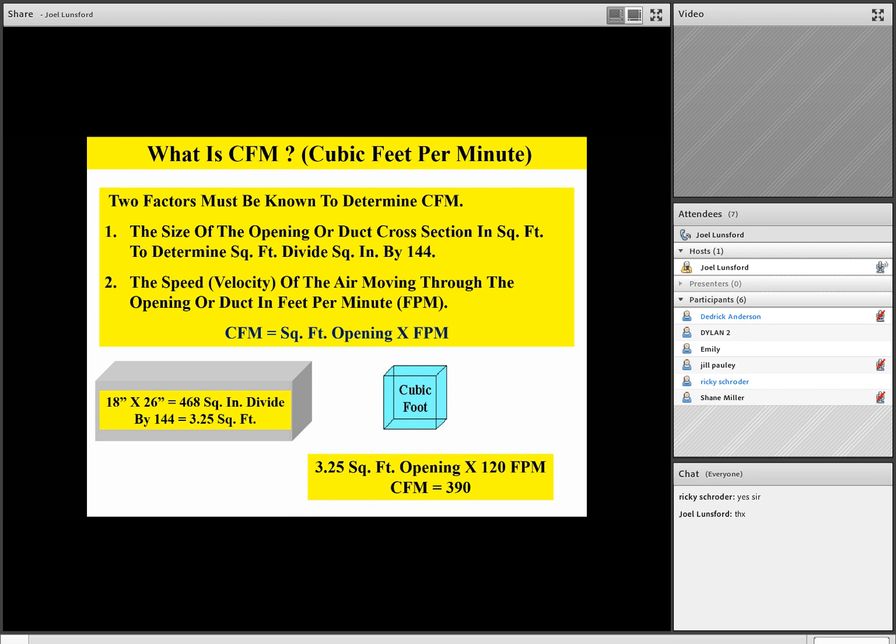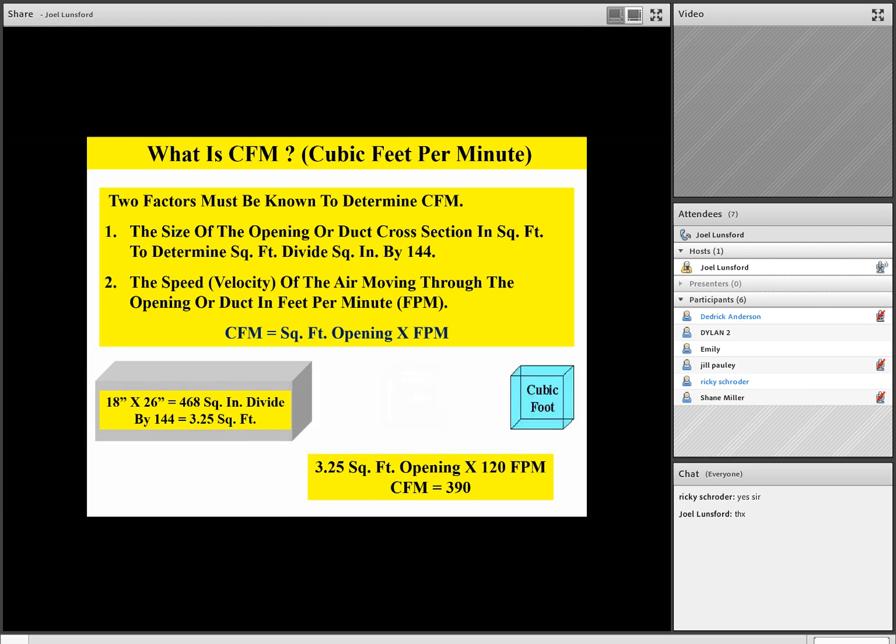We notice that we change the CFM if we take 3.25 square foot opening of the duct and we multiply it times the velocity of the air that we're representing of 120 feet per minute velocity. If we multiply those two factors together, we see that in this example, we haven't changed the size of the duct, we've just changed the speed of the air, and now we are delivering 390 CFM at that faster airspeed rate, if you will.